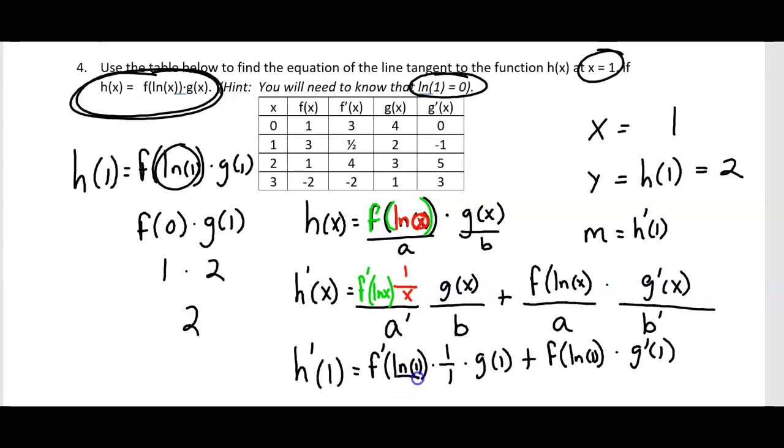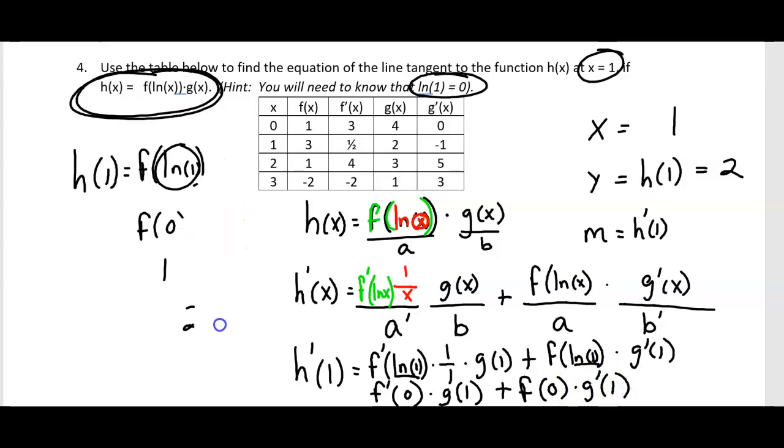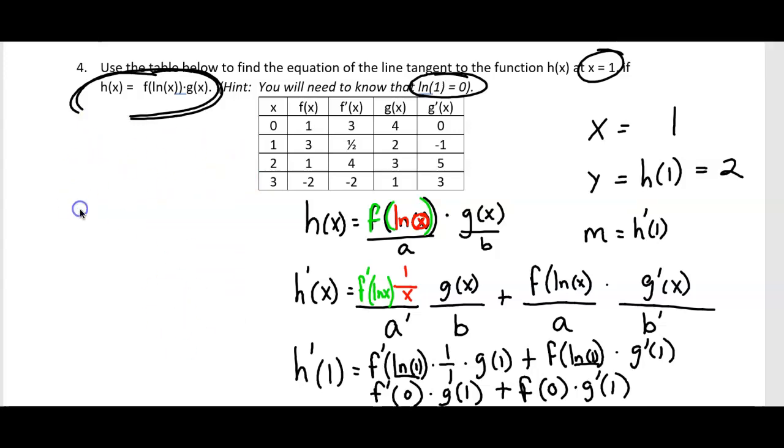Now we've already said that ln of 1 is 0, so I'm going to go ahead and replace those with 0 right now. Multiplying by 1 doesn't do anything, so I'm just going to get rid of that. That becomes 0 also. All right, so at this point, the rest of it's pretty simple. We're just going to be reading the table at this point. So let's go ahead and continue.